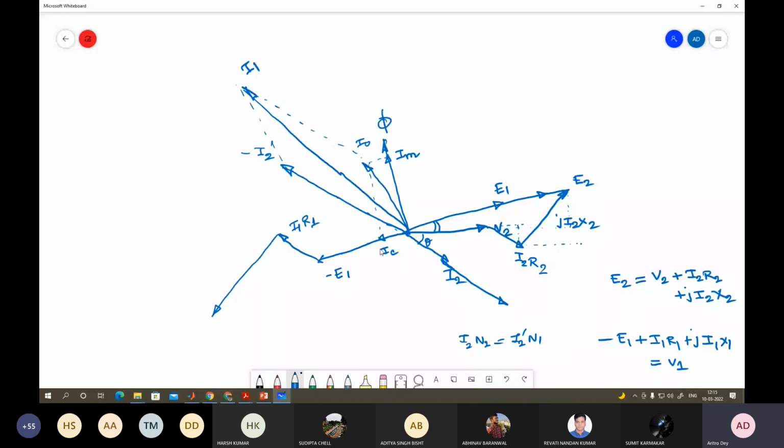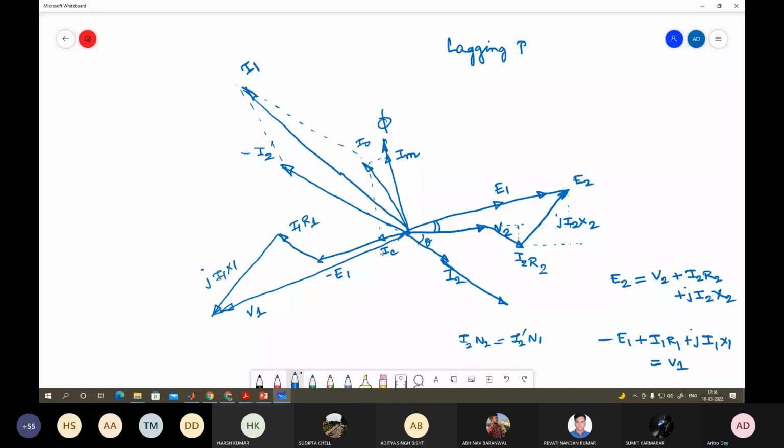Now if you add these two, you will get your V1, which is your supply voltage. Okay, so this is how you can draw the phasor diagram for the lagging PF load.